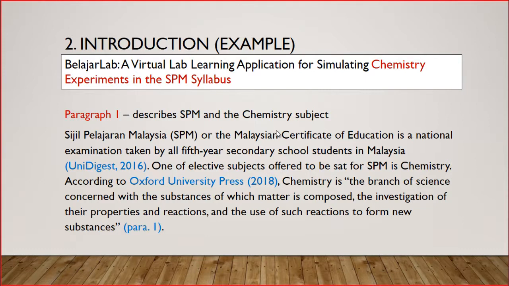See the first line: SPM, Sijil Pelajaran Malaysia, or the Malaysian Certificate of Education, is a national examination taken by all fifth year secondary school students in Malaysia. Okay, the blue font that I put here is called a citation. I will cover citation next week. Starting from next week, I will cover citation.